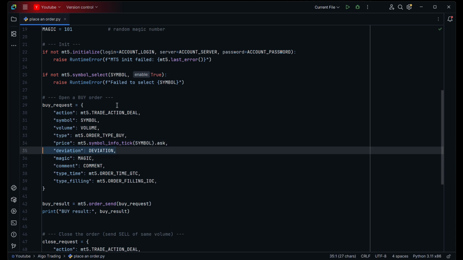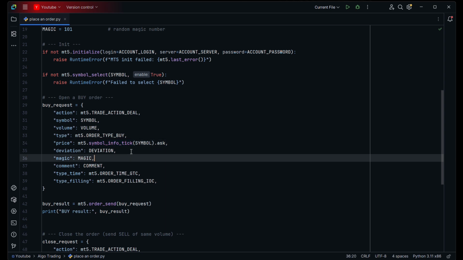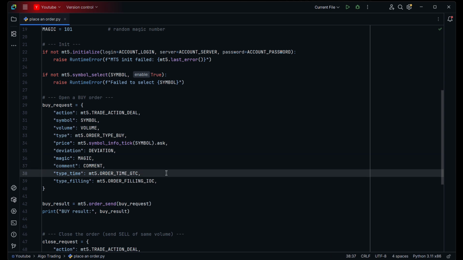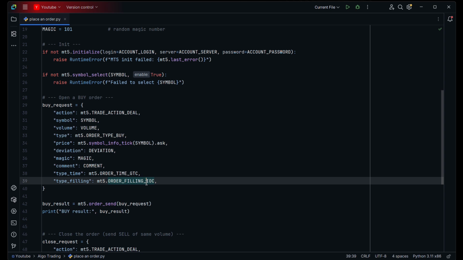Then the deviation, as I told you before, is just the absolute value of what is tolerated and so on. The magic, we'll see this later. And then the comment, I also explained it here. These two come together, because here it's written GTC for Good Till Cancel, and here IOC for Immediate or Cancel.